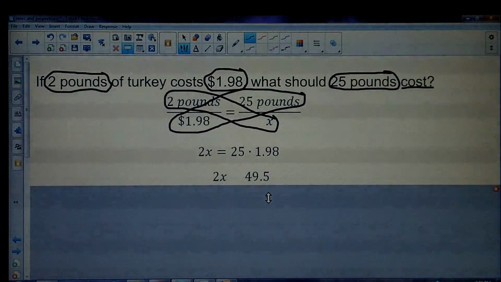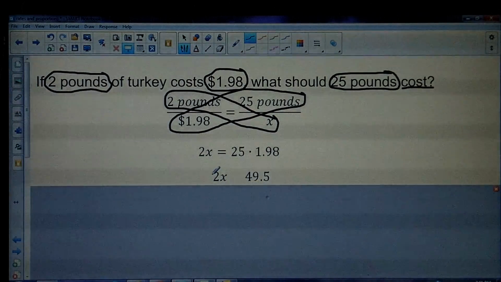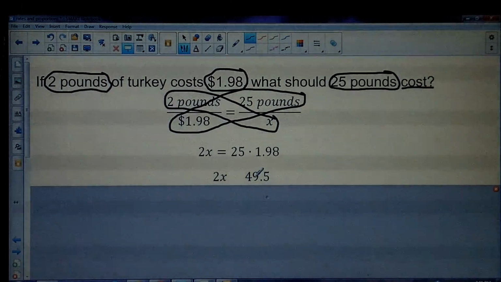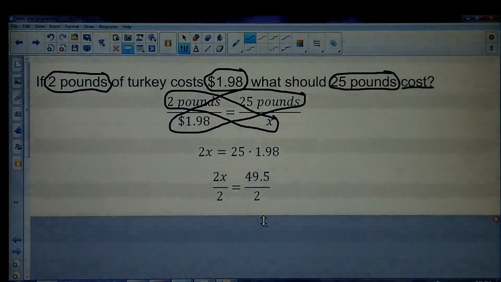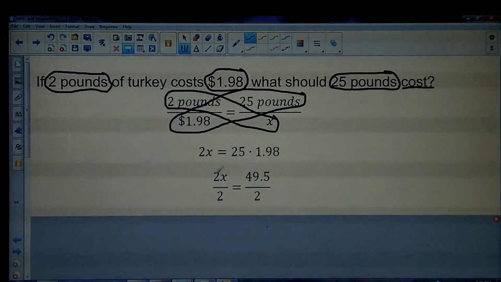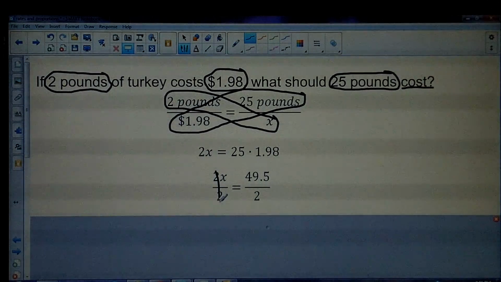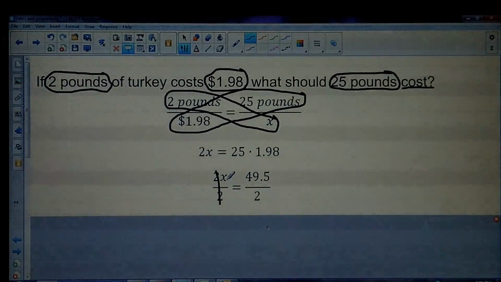But remember, I don't want to know 2 x's, I just want to find the 1x. So since I'm multiplying 2 by x, and that equals 49.5, I want to do the opposite, and I want to divide both sides by 2. And 2 divided by 2 is 1, so I put a big long 1 through them, so that leaves me with 1x on this side.